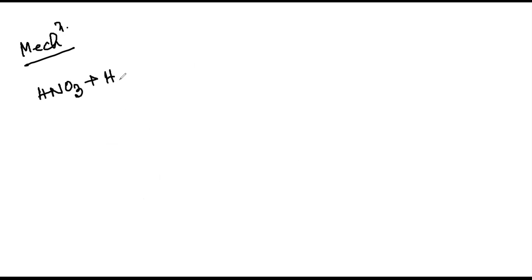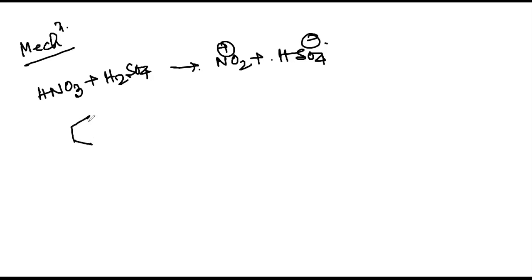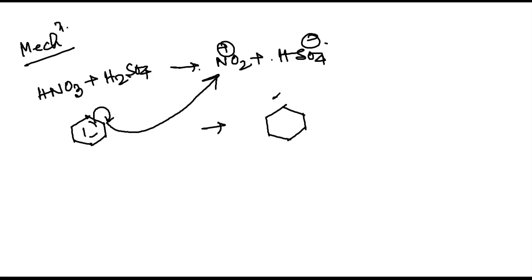HNO3 with H2SO4 gives NO2 plus. The reaction is like the Friedel-Crafts reaction, with HSO4 minus. When it reacts with benzene, it is the same actually. The NO2 plus goes here, so the structure becomes: here is a plus charge, here hydrogen, here NO2.